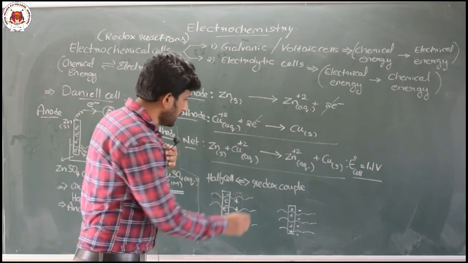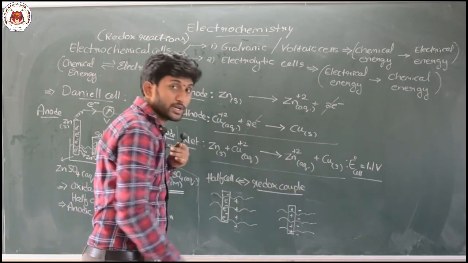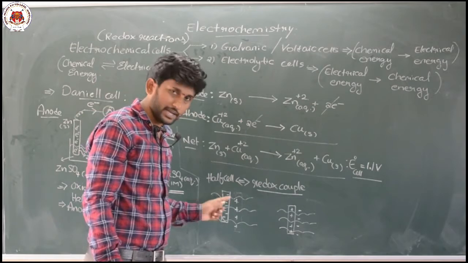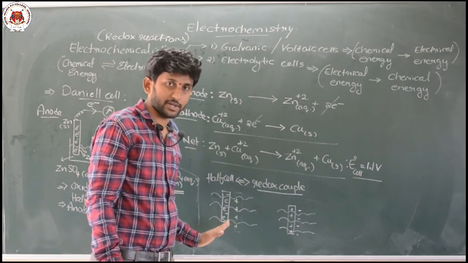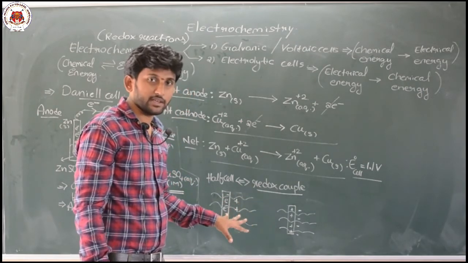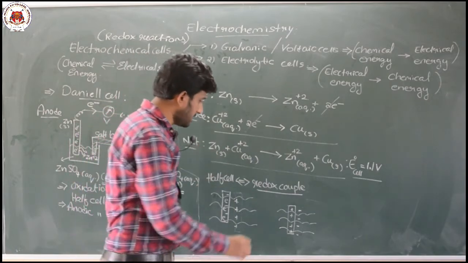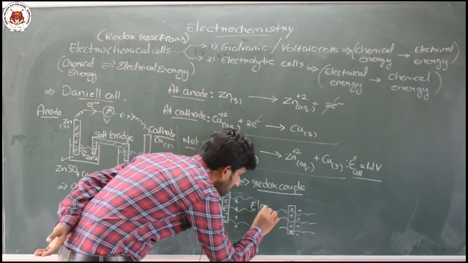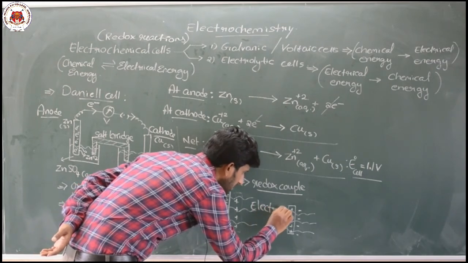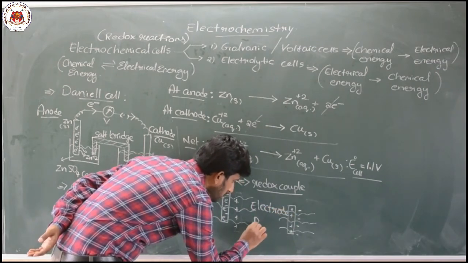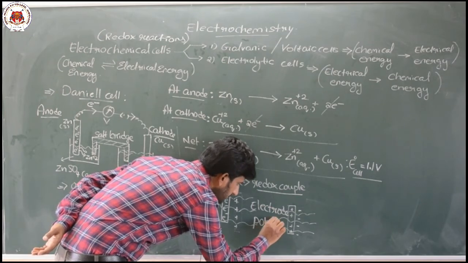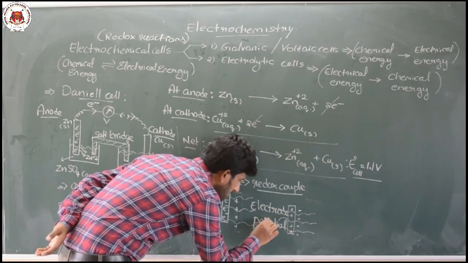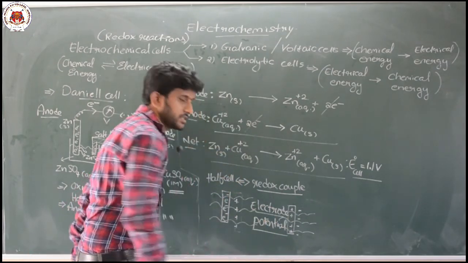So due to the redox couple, either oxidation or reduction is happening, and due to this, a potential is generated. That potential we are calling the electrode potential.